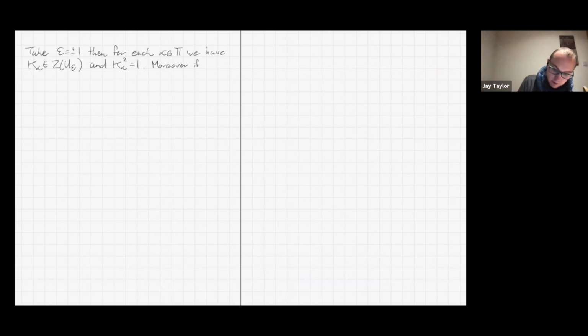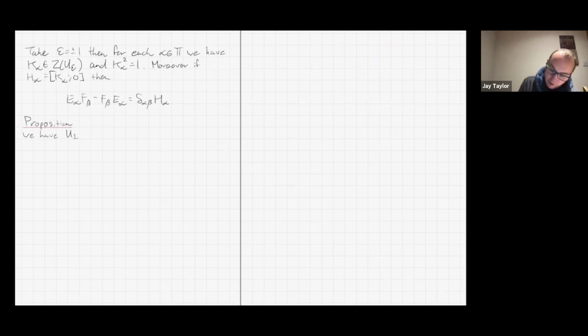Right, so moreover, if we just set h alpha equal to this element k alpha 0, then that last commutator relation can be written like this. Okay, so this looks really close to the Lie algebra. And actually, we get the following.